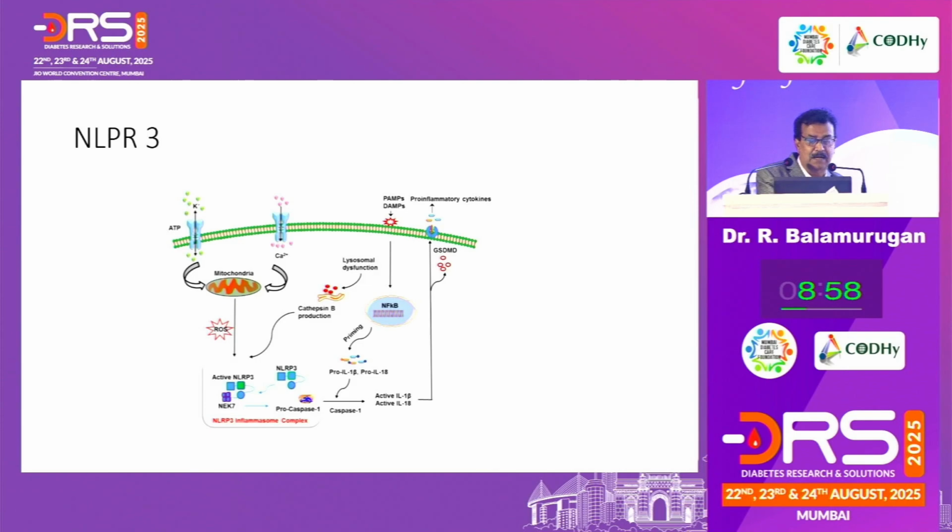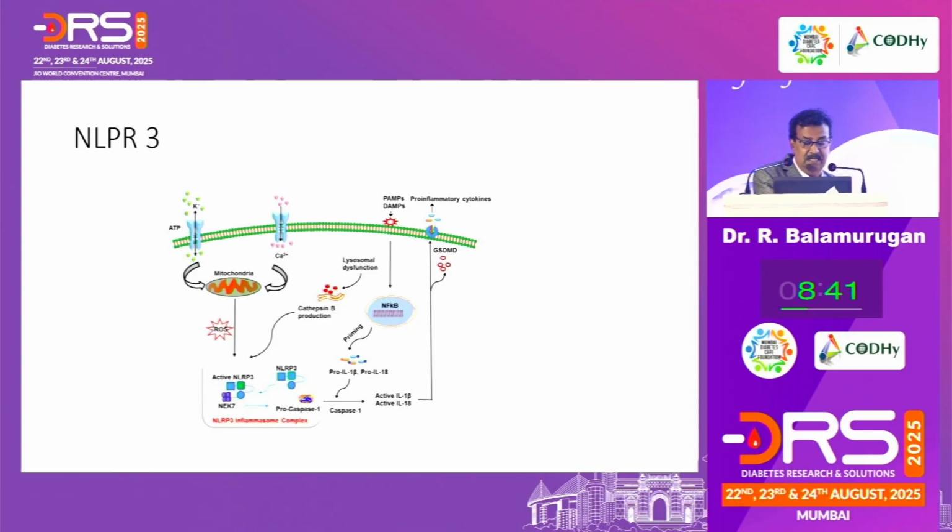See, this is how NLRP3 acts. When ATP, potassium enters, then calcium enters. When the mitochondria create reactive oxygen species, there can be active NLRP3.